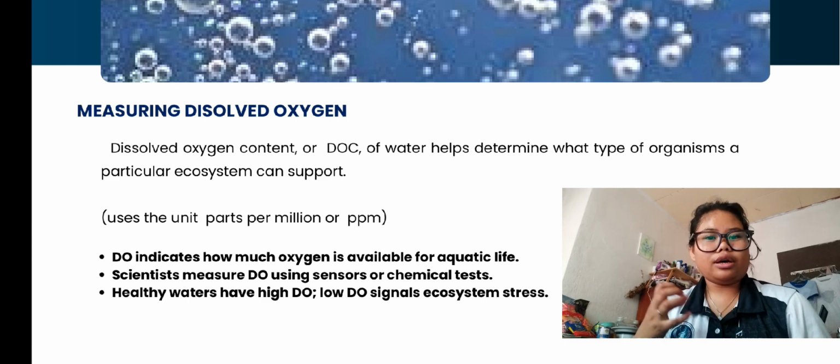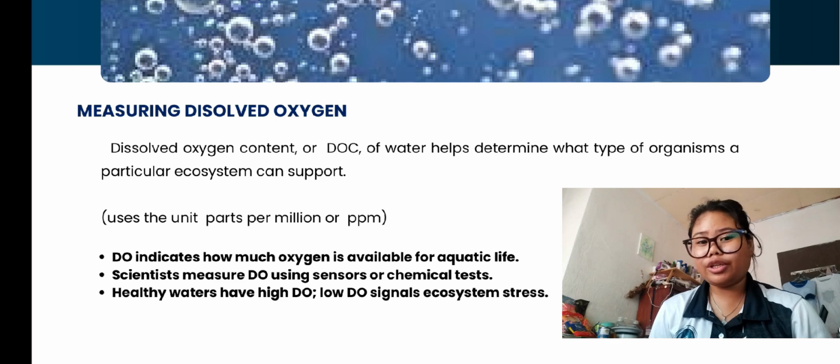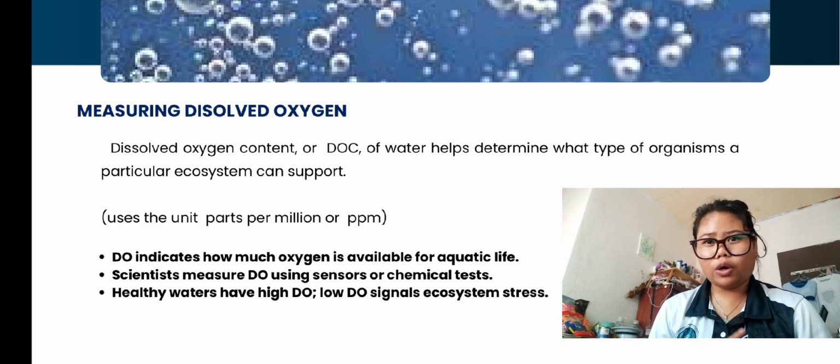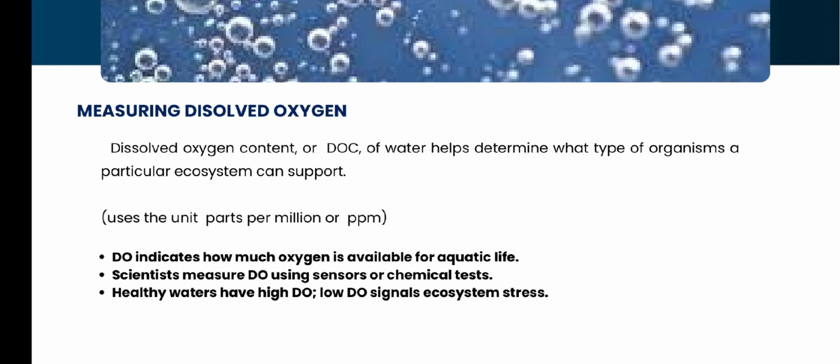So DO refers to the amount of oxygen that is present in water. Just like humans need oxygen in the air to breathe, fish and other aquatic organisms need oxygen dissolved in water to survive. Without enough DO, aquatic life becomes stressed or can even die.